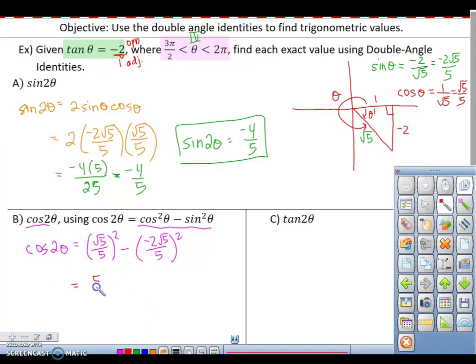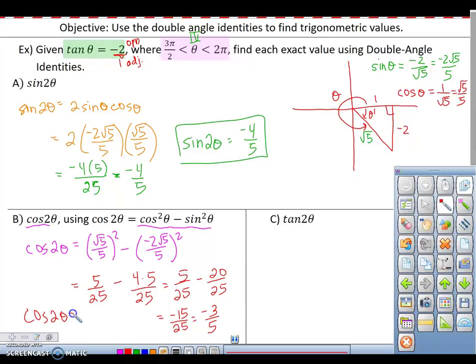This becomes 5 over 25, minus this becomes, so negative 2 squared is 4, square root of 5 squared is 5, 5 squared is 25, so we get 5/25 minus 20/25, that would be negative 15/25, which would be equal to negative 3/5. So our cosine of 2 theta is equal to negative 3/5.